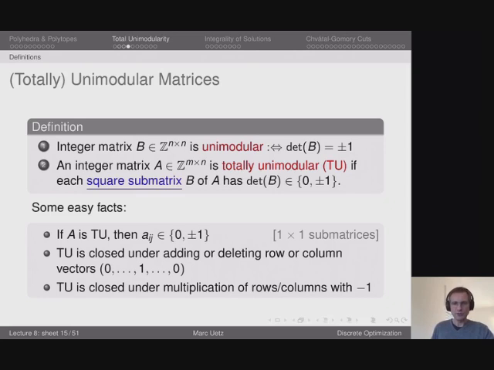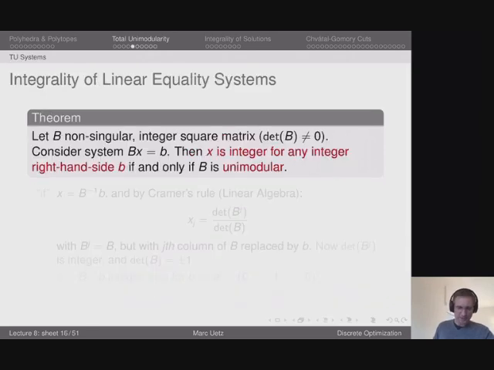So you see total unimodularity is already quite special, but nevertheless it's useful. And here comes the main theorem. So if we have a non-singular matrix B, an integer square matrix with a determinant that is non-zero, and we consider the linear system Bx equal to b, okay, then the solution to the system, so x are the variables, is integer for any integer right-hand side b if and only if this matrix B is unimodular.